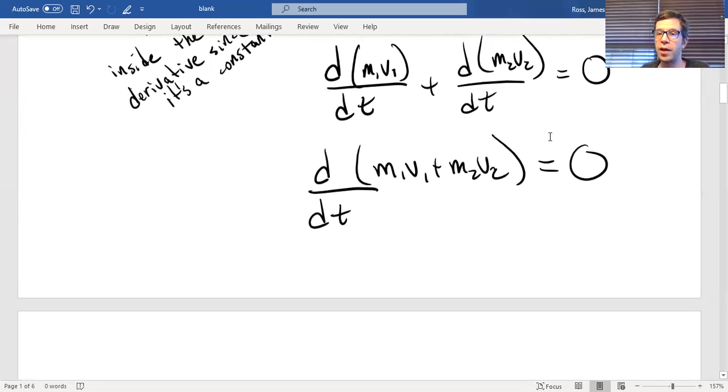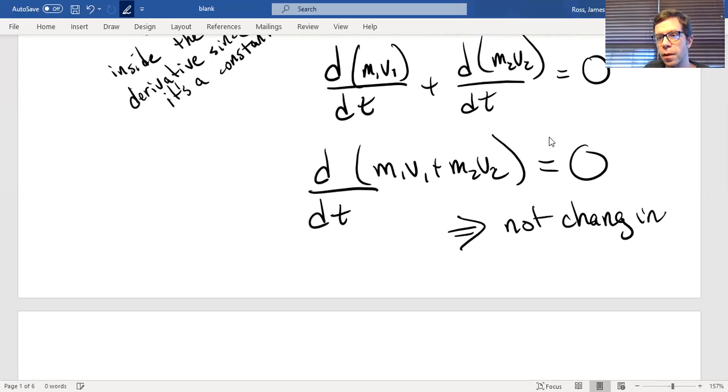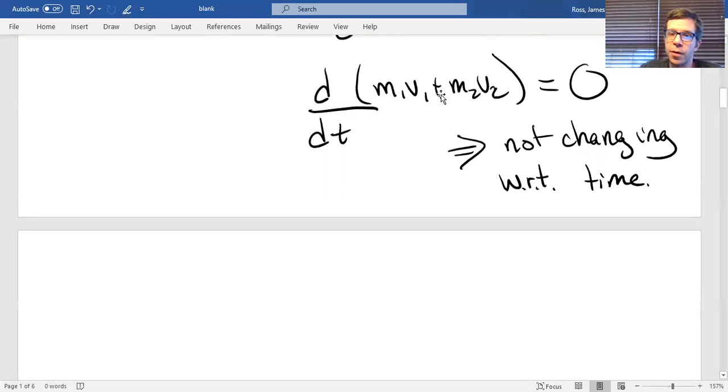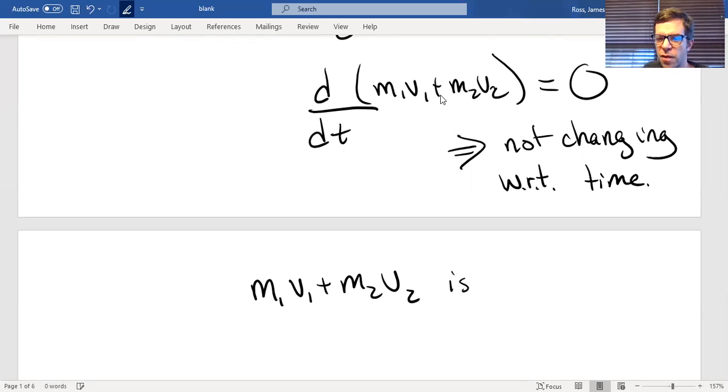That means it's not changing with respect to time, and that's what we mean by conserved. So this quantity, m1v1 plus m2v2, I want to say it's conserved.